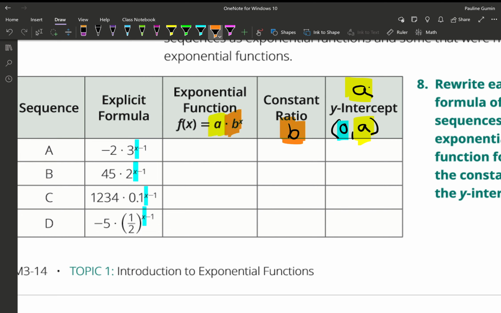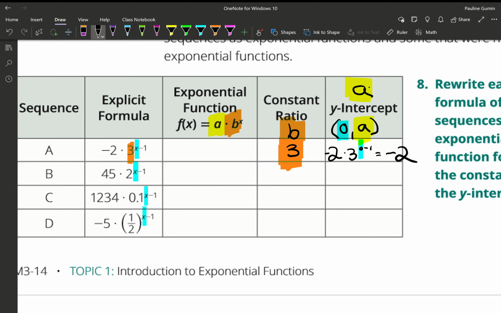Okay, so for sequence A, our constant ratio is the same as the explicit formula, it's 3. To find the y-intercept in our calculator, we type in -2 times 3 to the power of 0 minus 1. That gives us -2 over 3.